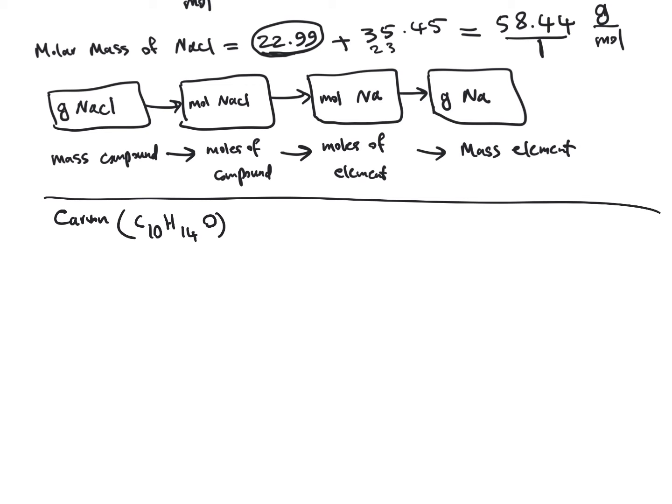And calculate the mass of carbon in 55.4 grams of carvone. So when you know the procedure, it doesn't matter if your molecule has 2 atoms, 3 atoms, 10 atoms, 20.